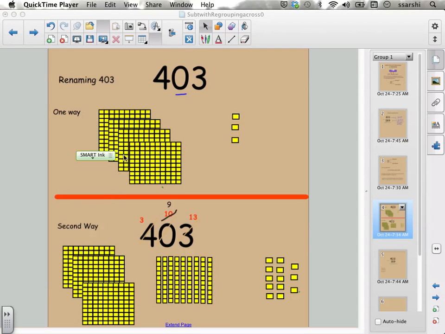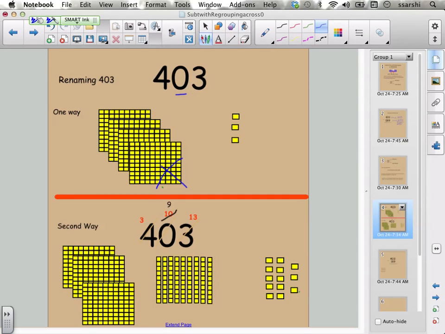Another way to regroup it would be, first I look at this number and I'm going to trade in one of the 100 blocks. I'm going to X this out and instead trade it for 10 tens blocks. But that really doesn't help me in my ones column.